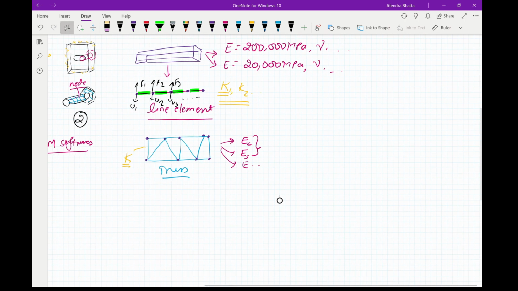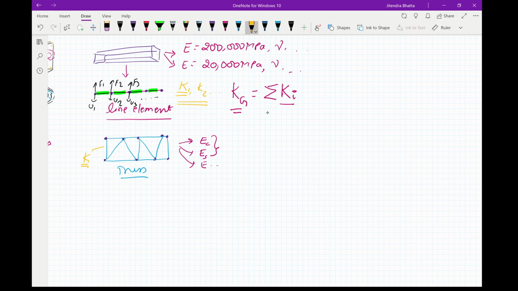Now once you have obtained all of your stiffness matrices, then what you do is that you find a global stiffness matrix, which will be summation of your individual element stiffness matrices. Now this combination depends upon the degrees of freedom or the numbering of the nodes.